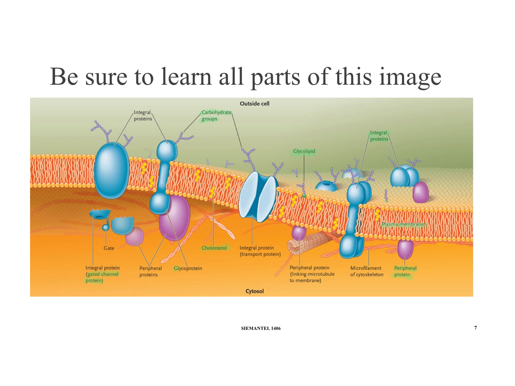You also need to know what a glycoprotein is, what a transport protein is. So notice that we have big categories. Like we can talk about integral proteins and peripheral proteins, but then I have different types of integral proteins. So I have gated channel proteins, I have transport proteins. You need to know what all of those things are and what they mean and what they do.